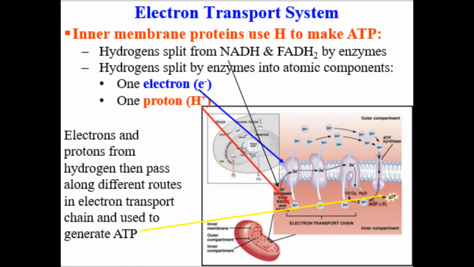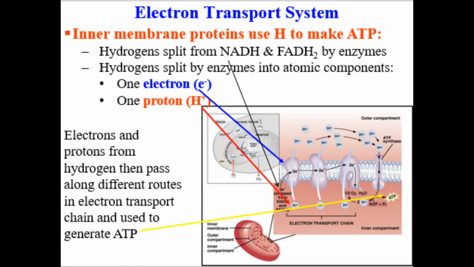And that's what happens when these hydrogens are delivered to the electron transport system. There's enzymes that work on the hydrogens and break them into an electron and a proton. The electrons are transported along this system of proteins, enzymes, so it's the electron transport system.